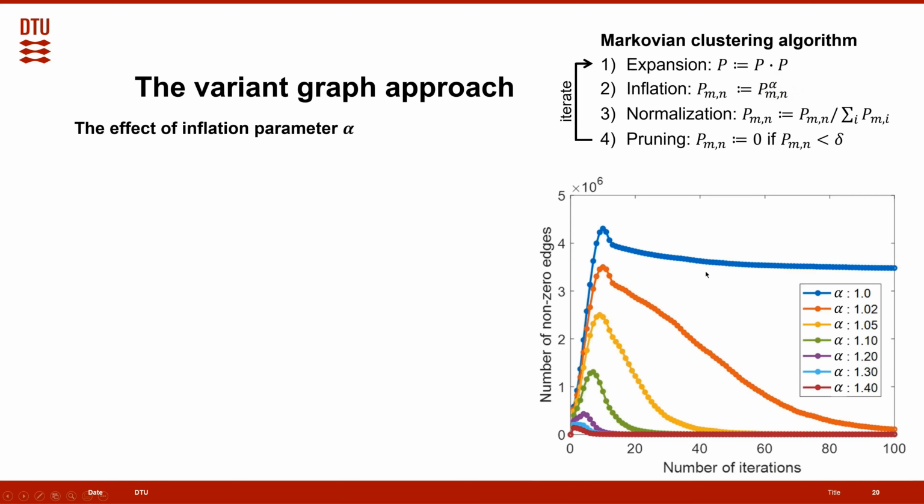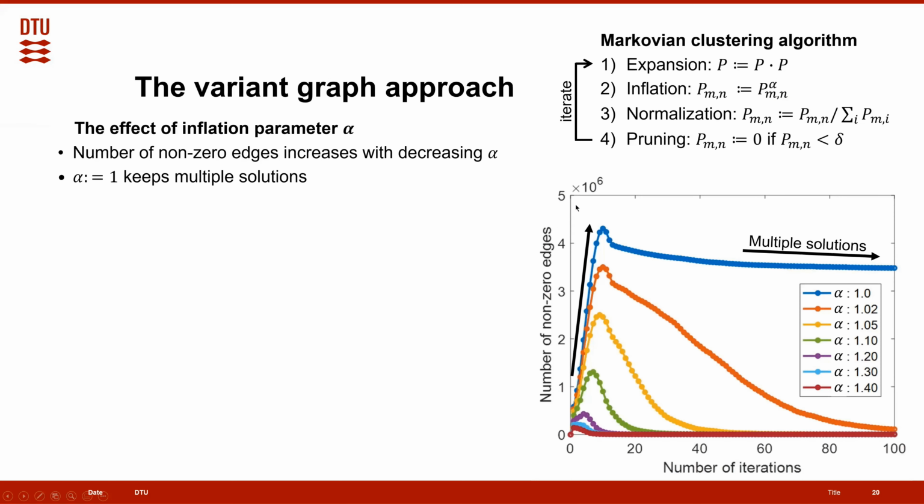If we look at how this inflation parameter relates to the number of non-zero edges, we can see that the number of non-zero edges increases when we decrease alpha. These are the number of iterations, how often we iterate this graph, and this is how many edges we look at. If we keep this inflation parameter exactly at 1, this basically means inflation is not happening, and we then yield something called multiple solutions.